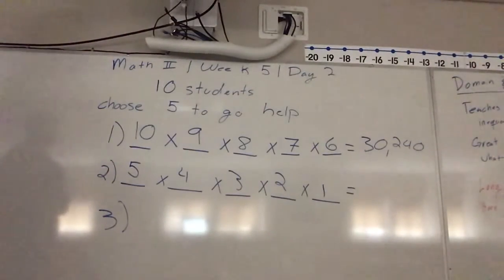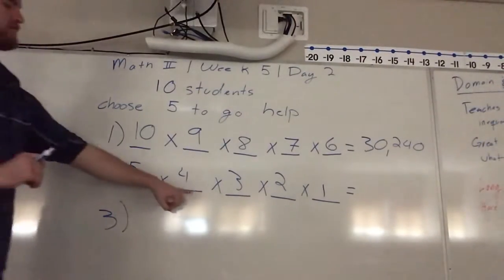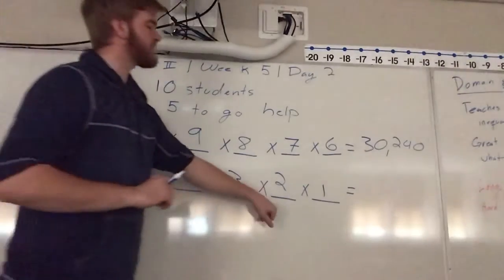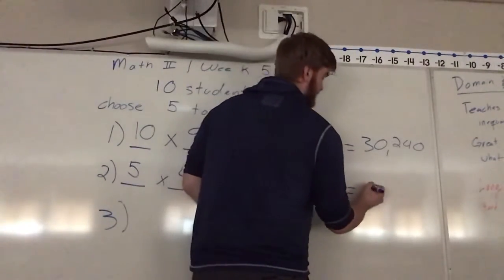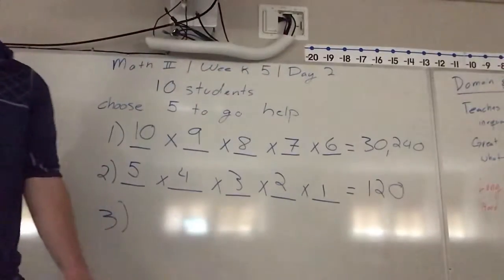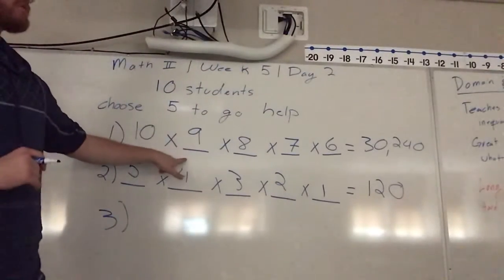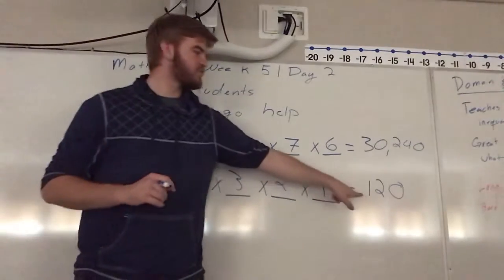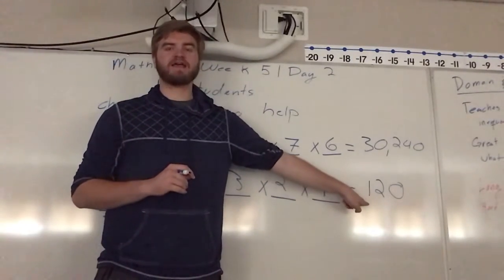So this one goes 5, 4, 3, 2, 1. And that should come out as 5 times 4 is 20, times 3 is 60, times 2 is 120, times 1 is 120. So what that's telling me is, for those 5 people I chose earlier, there's 120 different ways I can count them.